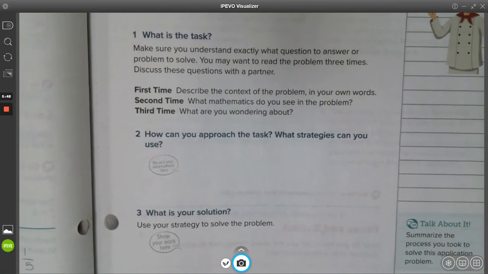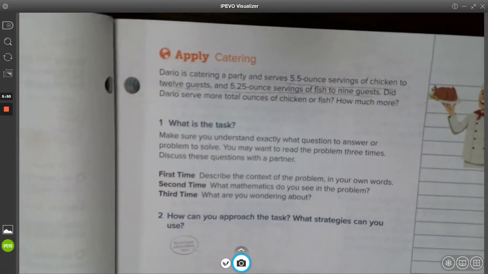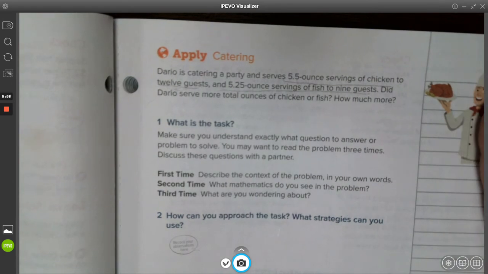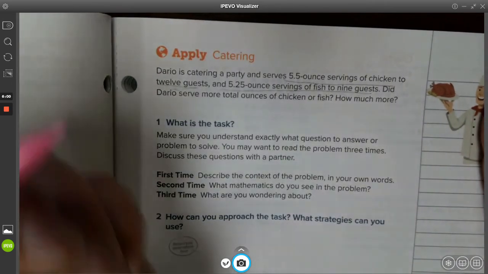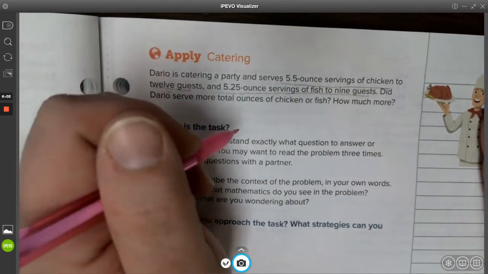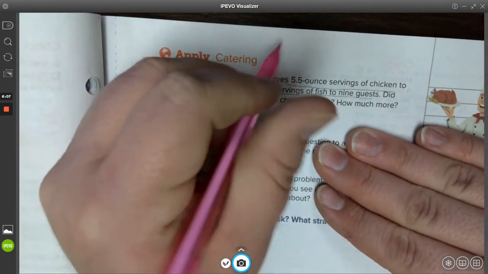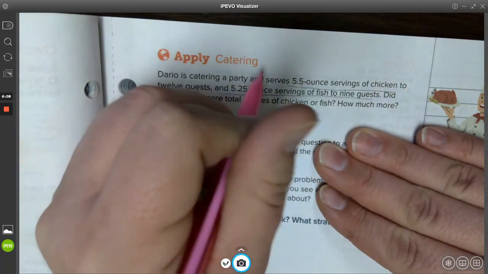All right, so here's our apply problem. Dario is catering a party that serves 5.5-ounce servings of chicken to 12 guests and 5.25-ounce servings of fish to 9 guests. Did Dario serve more total ounces of chicken or fish, and how much more? So to solve a problem like this, we're going to have chicken and fish.